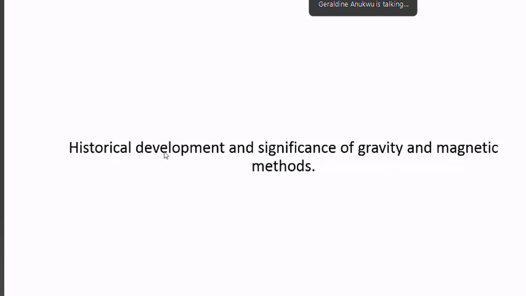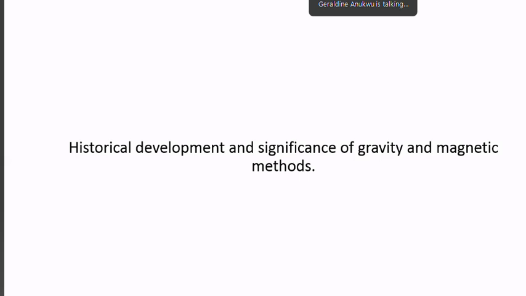The next thing we're expected to do will be the historical development and significance of the gravity and magnetic methods. So this will form your assignment 2. Your assignment 1 is: what is Laplace's equation? I hope you are taking notes, class.